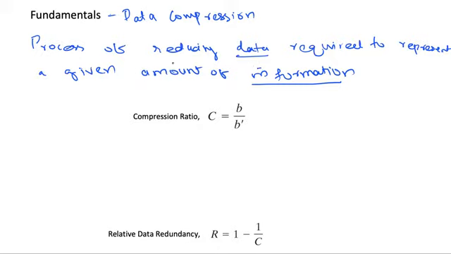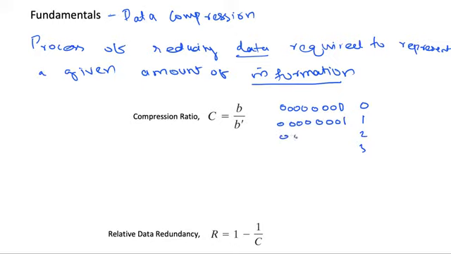Suppose that you need to store some numbers like 0, 1, 2, 3. If I am using an 8-bit representation, the first number will be 0, 0, 0, 0, 0, 0, 0, 0, and the second number would be 0, 0, 0, 0, 0, 0, 0, 1.